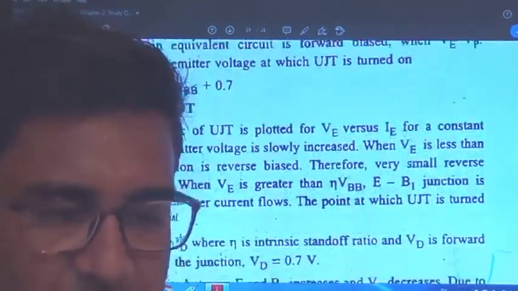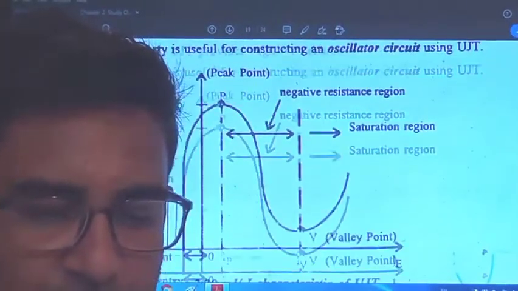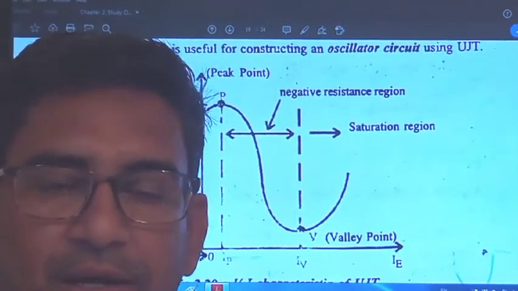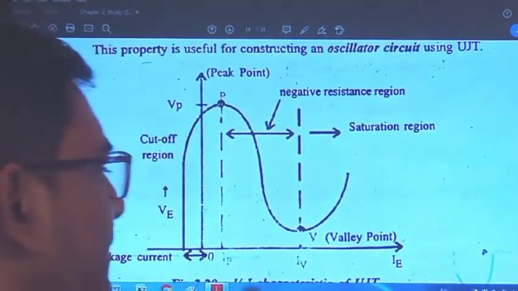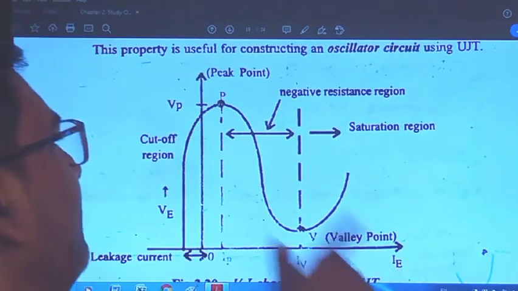The characteristics of this UJT are shown like this.